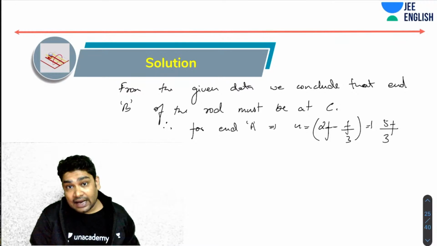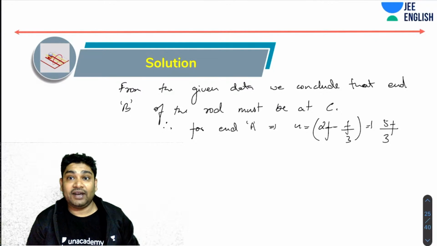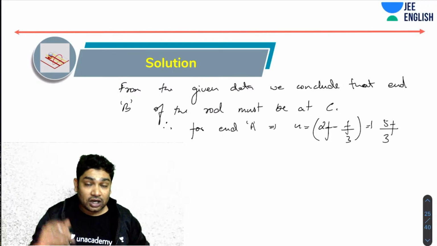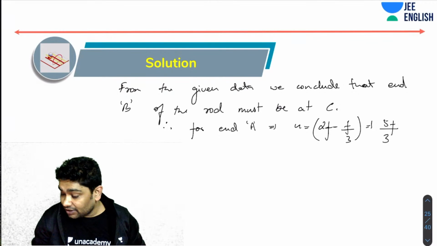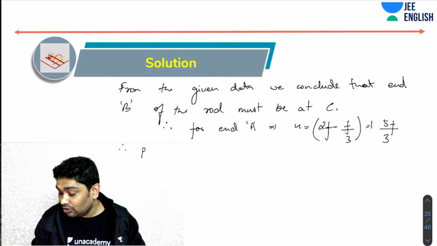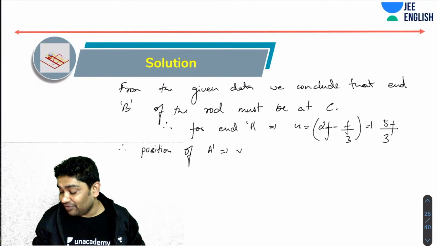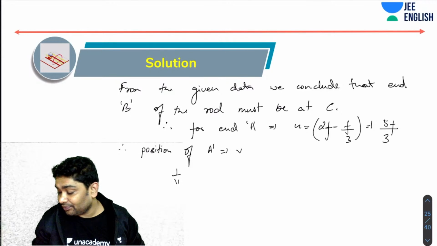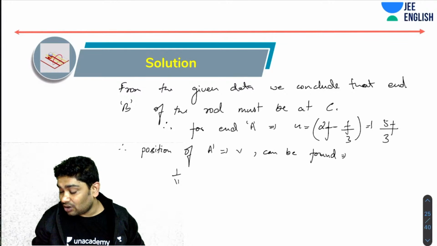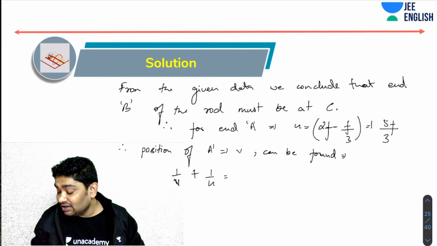Okay. Now, once I know the object position of end A, I can find the image corresponding to end A. Therefore, position of A dash, v, can be found using the mirror formula. So let's talk about this. 1 over v plus 1 over u equals 1 over f.